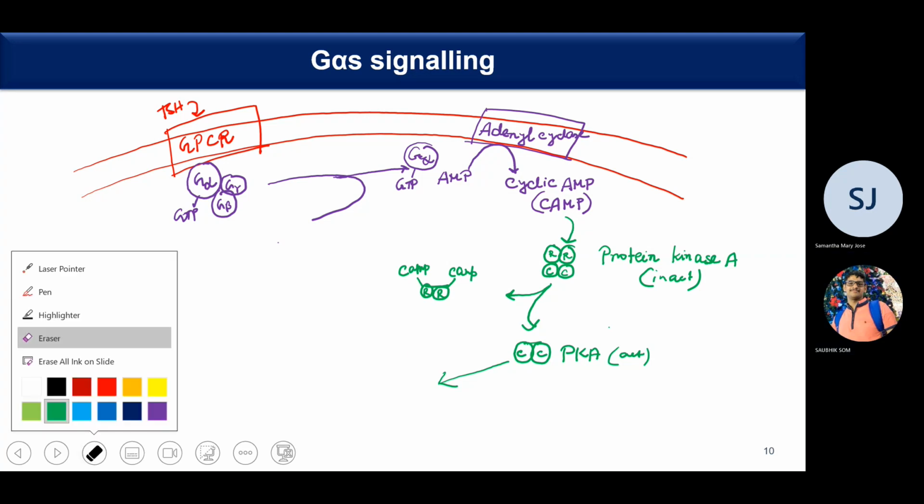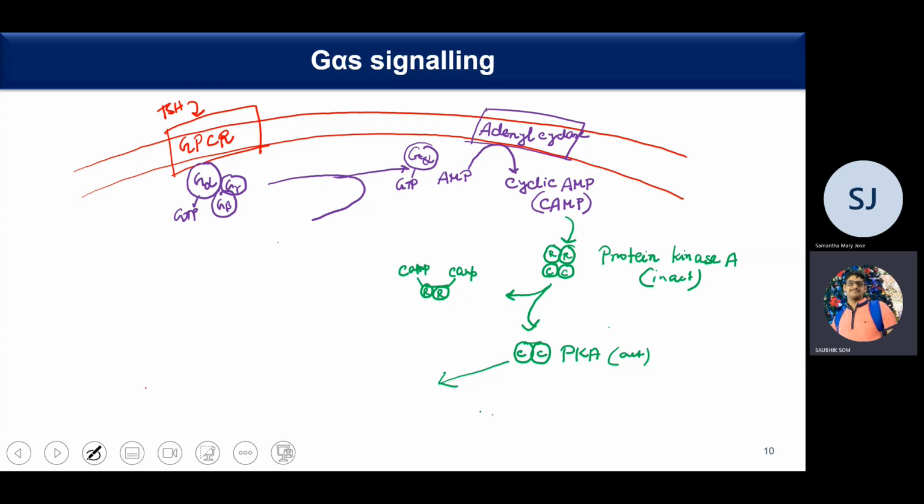This is the inactive CREB, and it is activated by phosphorylation by protein kinase A.